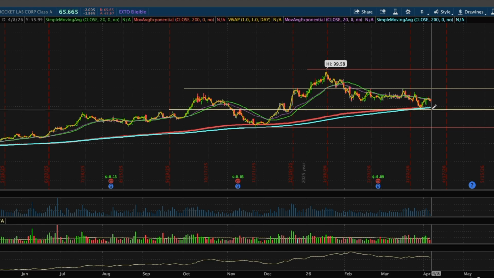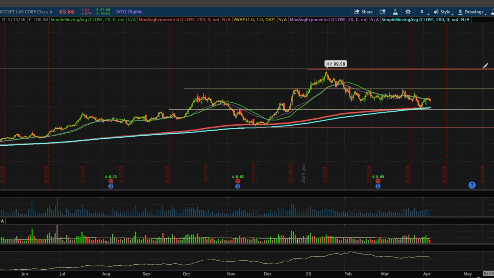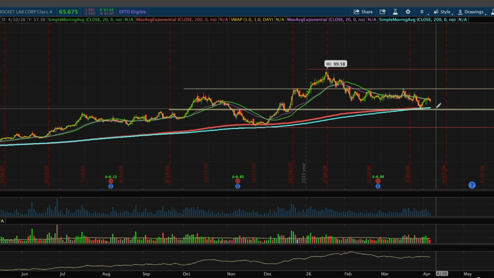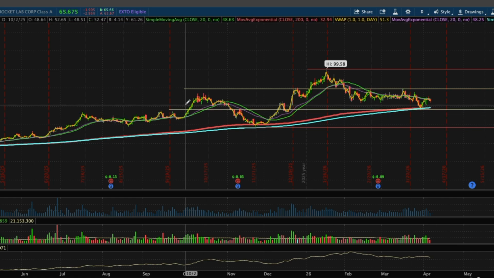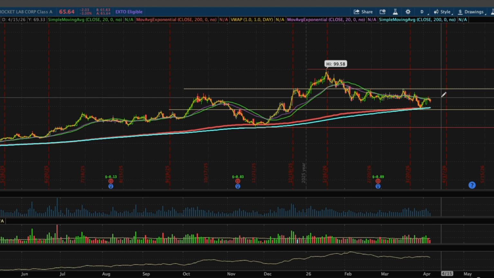Alright, so this is our pivot zone. While we're trading back and forth within this zone, not picking a direction, this is where a lot of traders talk about volatility, or not having any volume. The market doesn't have a direction.